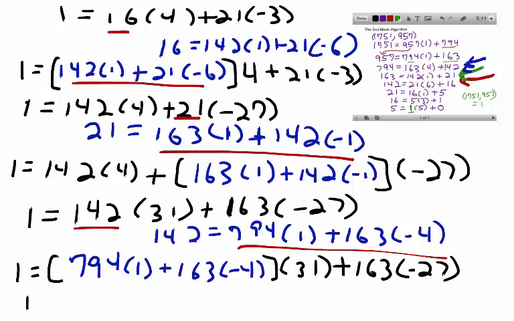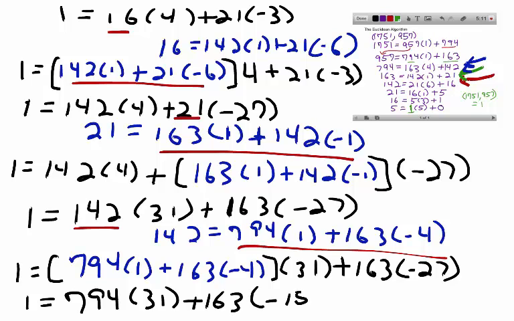Simplifying this row, we end up with 1 equals 794 times 31 plus 163 times negative 151. Now I highly recommend at each step that you check your work and make sure that you understand how everything is working out.